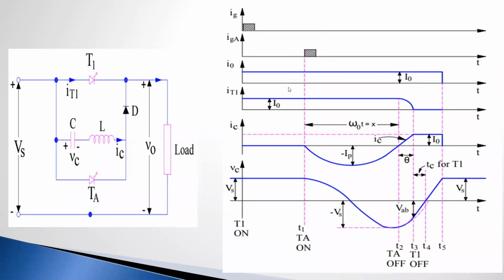When this thyristor is turned on, what will happen? The operation of the circuit. If the auxiliary thyristor is turned on, it will act as a closed switch. It will act as a closed switch, and the capacitor current flows through the circuit because the capacitor is already fully charged, and we have provided the closed path.